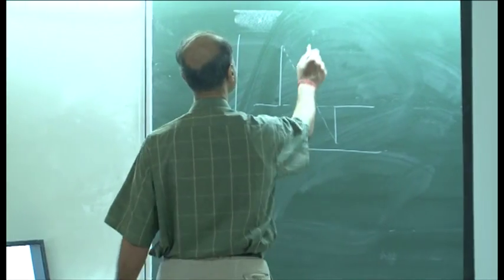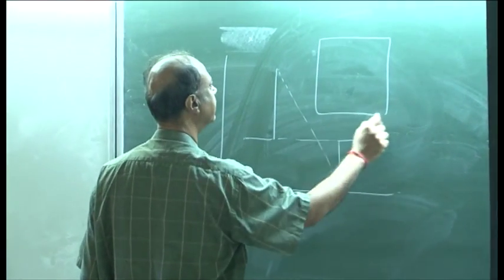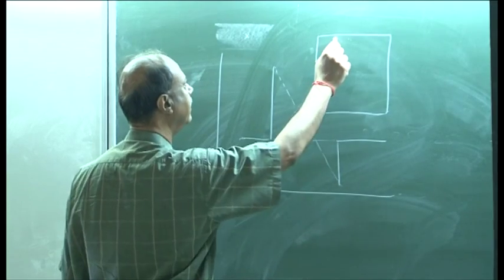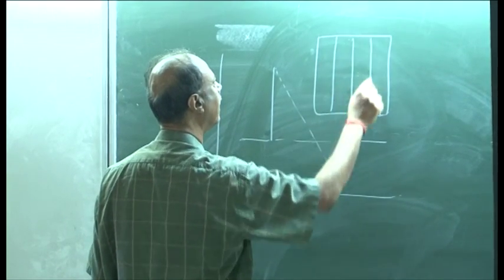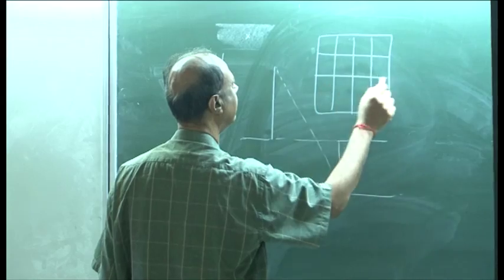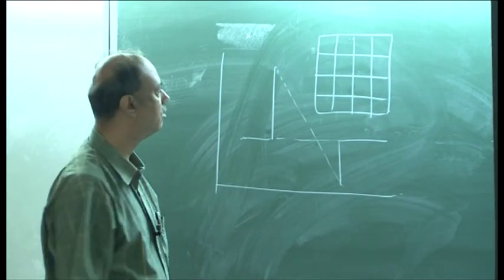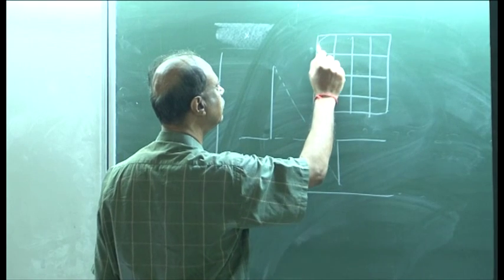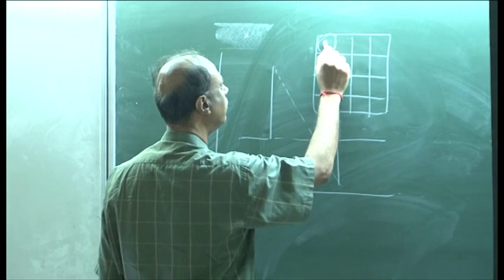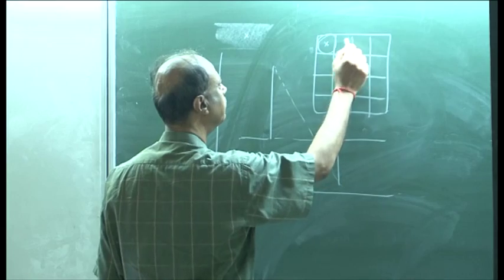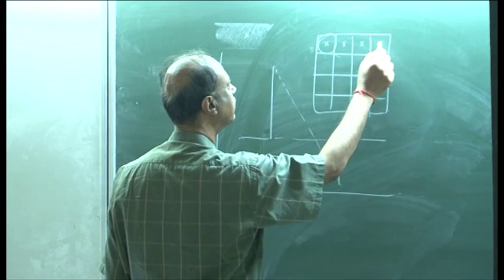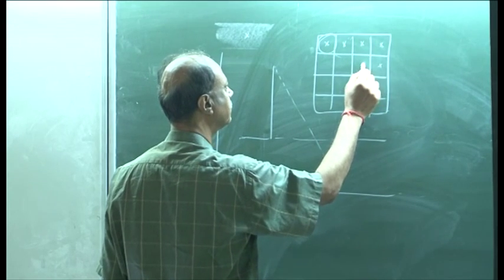Say I have the palm image here, and I divide it into several blocks. I obtain the average of all the values in a block and put it here. So, I obtain the average of each block.